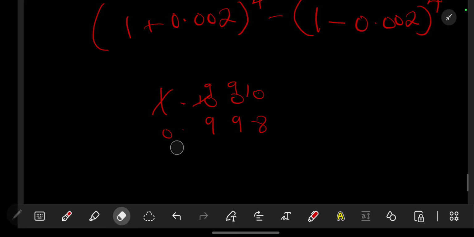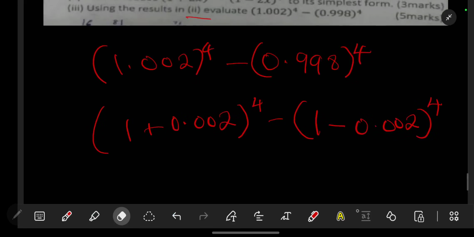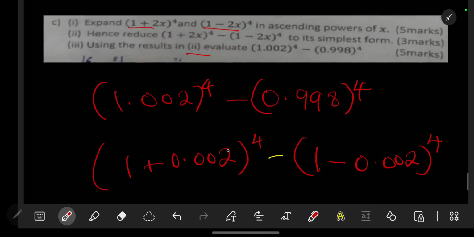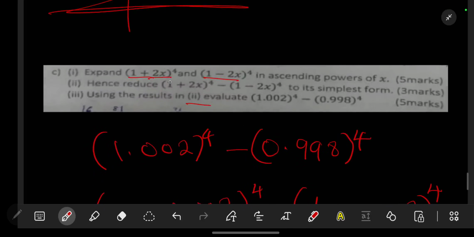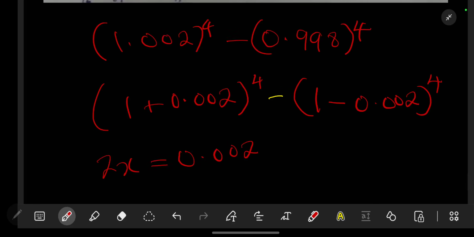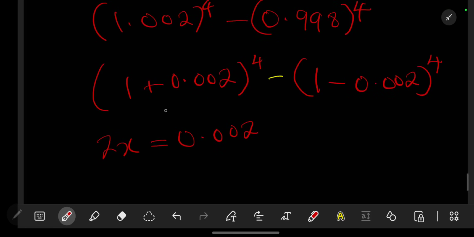So this gives us a value that will be equal to, so if you look at this one, this is the same number, but we have a 2 attached, so we need to find the value of x. So we are going to say 2x is equal to 0.002. So why are we saying 2x? Because this number is not x, so we have to find the value of x.